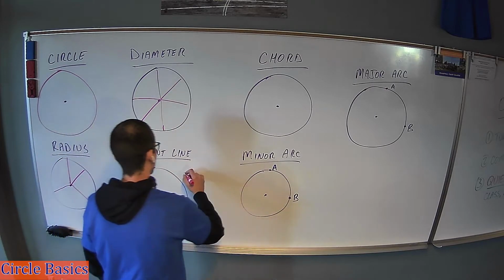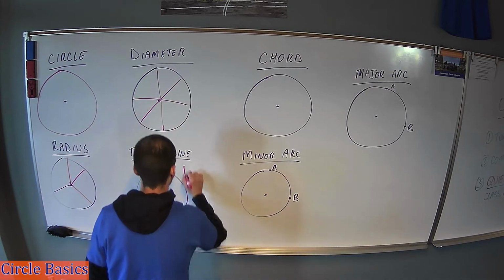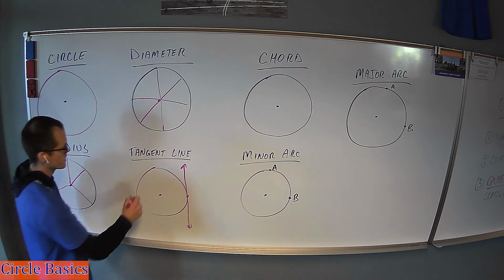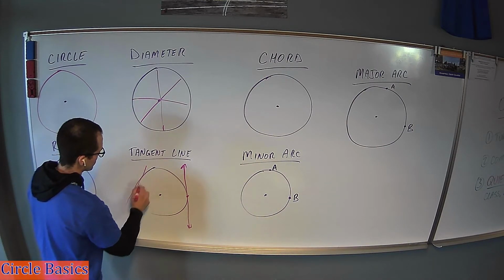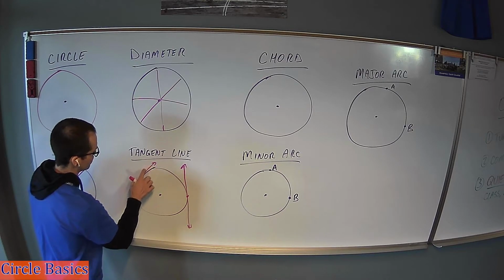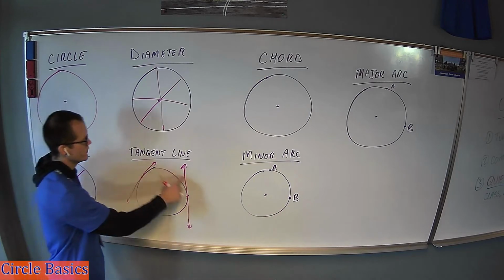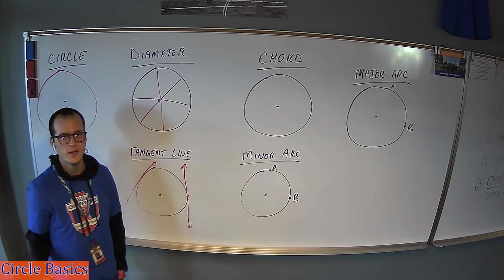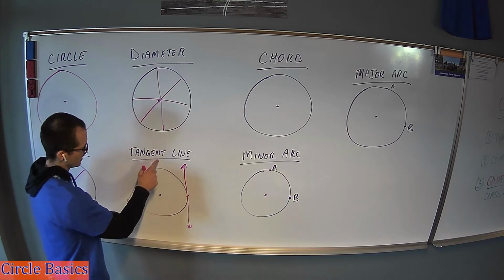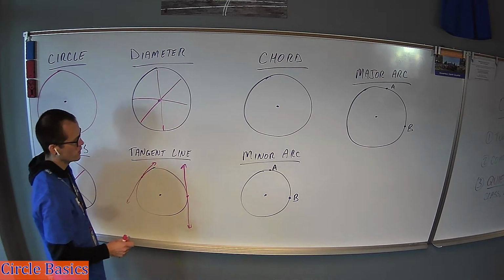So an example of it would be something like this, where a line comes by and it touches the circle exactly once. A tangent line could also be over here. Gosh, this should be a straight line. Or it touches the circle once. Because there are infinitely many points around a circle, there are infinitely many tangent lines as well. So it's just any line that touches the circle once and only once.